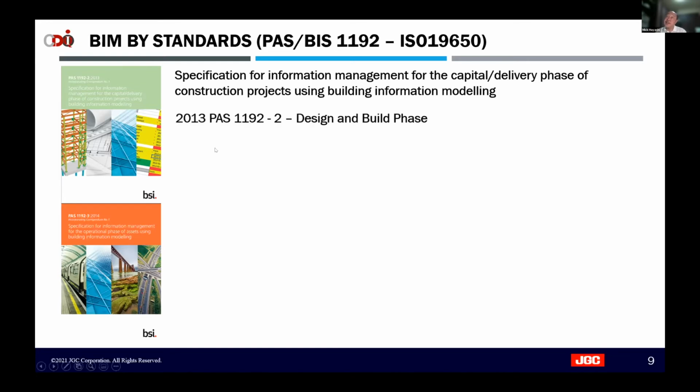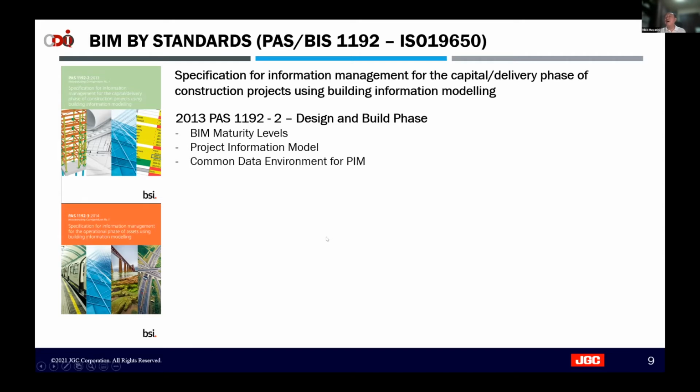Okay, so in 2013, PAS 1192 Part 2 was released for the design and build phase, which is the project phase, the building phase, right? So this describes the BIM maturity levels. I'm going to explain this from level 0 to level 3 and the project information model. So that means it's obviously focusing on the building plans phase.